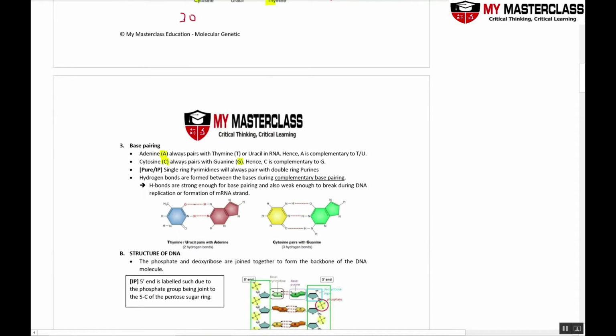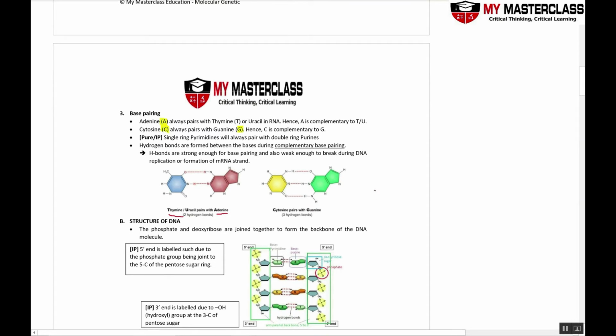So over here, you can see that these are dotted lines components here. So I have got thymine looking at DNA and adenine looking at the DNA component itself. So thymine and adenine, they pair with a double bond over here, whereas cytosine and guanine, they pair with a triple bond. So if we were to write it out, it will be C with a triple bond of hydrogen bonds to guanine in this sense.